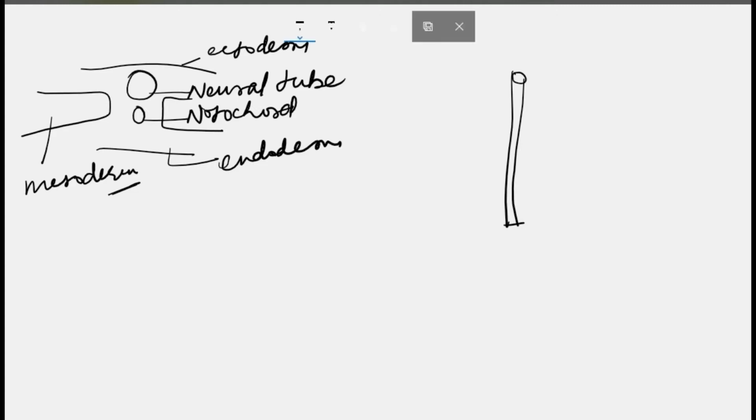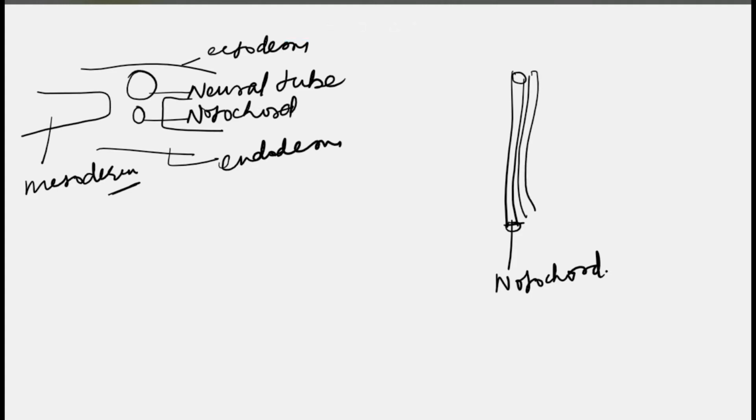Okay, let's just consider this is your notochord, which is formed from the primitive streak. So this is your notochord, and surrounding this notochord is your mesoderm zone.